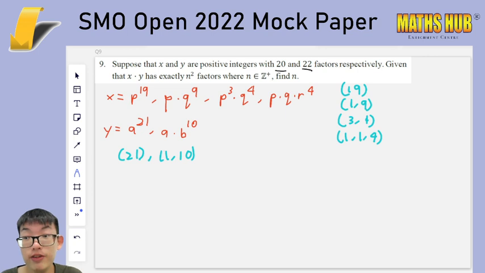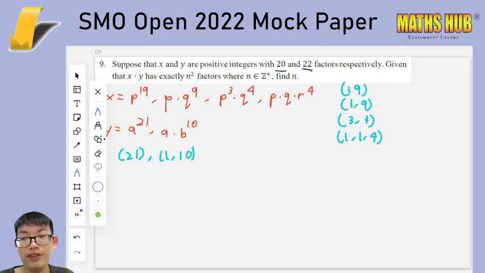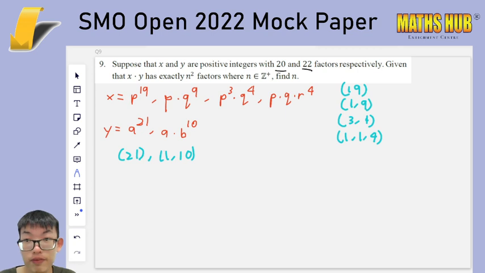I'm just going to tell you, after a few minutes of search, what you would hopefully be able to spot, which is that there is a combination that involves the 1, 1, 4 and the 1, 10. And the way in which you would combine it would be like this.